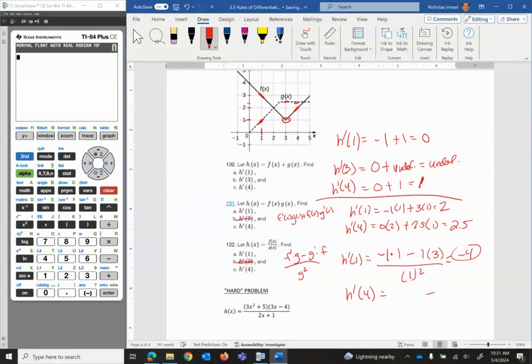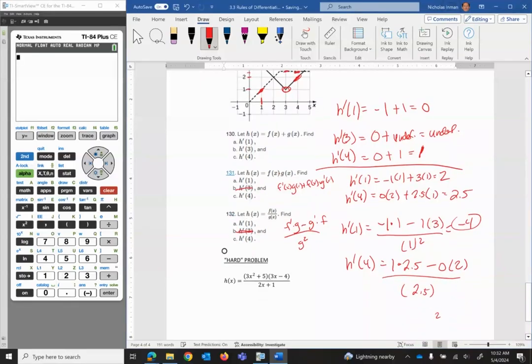Oh gosh, I lied to you. f prime at 4, I think I said this one over here wrong. f prime at 4 is 1 times g at 4 is 2.5 minus g prime at 4, that's the 0, times f of 4, that's 2, over g at 4, that's 2.5 squared. So we wind up with 2.5 over 2.5 squared. That is actually 1 over 2.5.